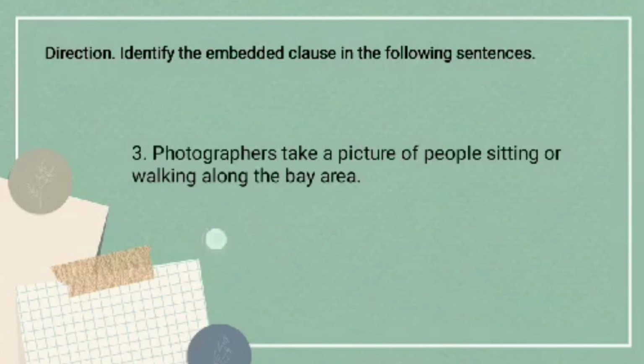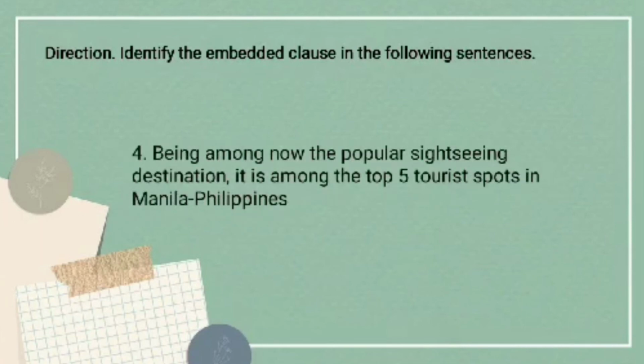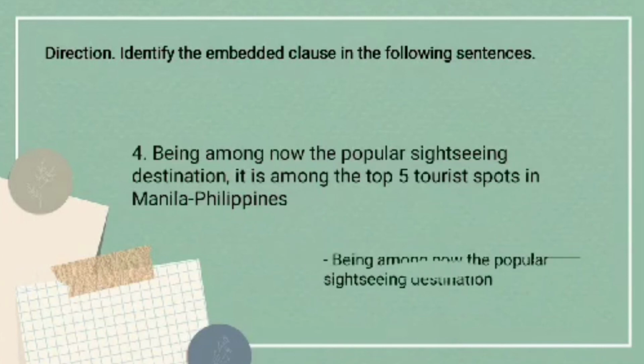The embedded clause here is sitting or walking along the bay area. Number 4. Being among the popular sightseeing destinations, it is among the top 5 tourist spots in Manila, Philippines. The embedded clause here is being among the popular sightseeing destinations.